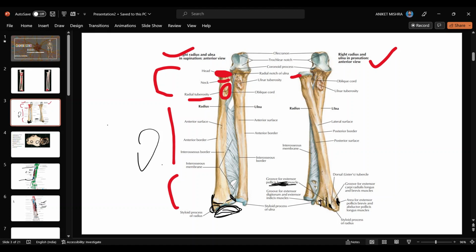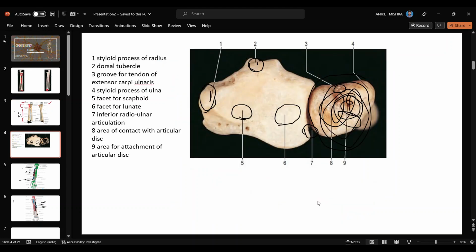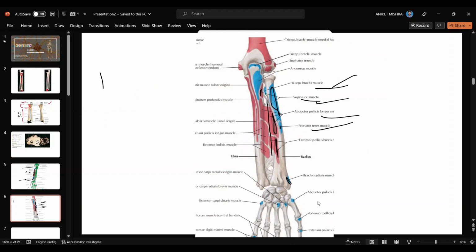The extensor digitorum, extensor indicis, posterior interosseous nerve, and anterior interosseous artery, all four of these travel through the fourth groove. These are the features of the radius.